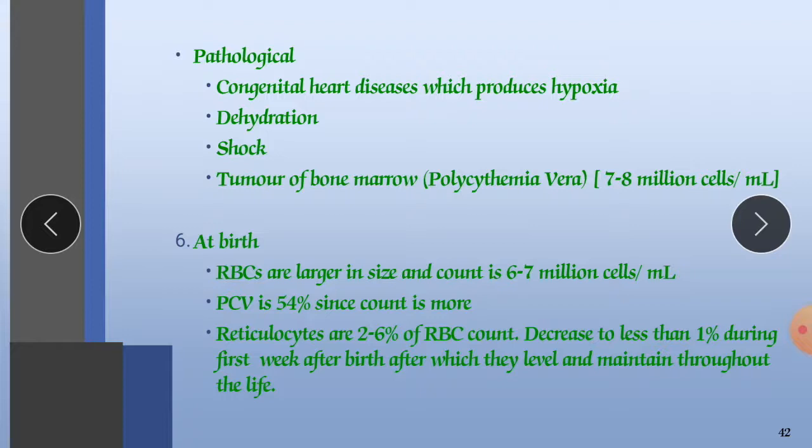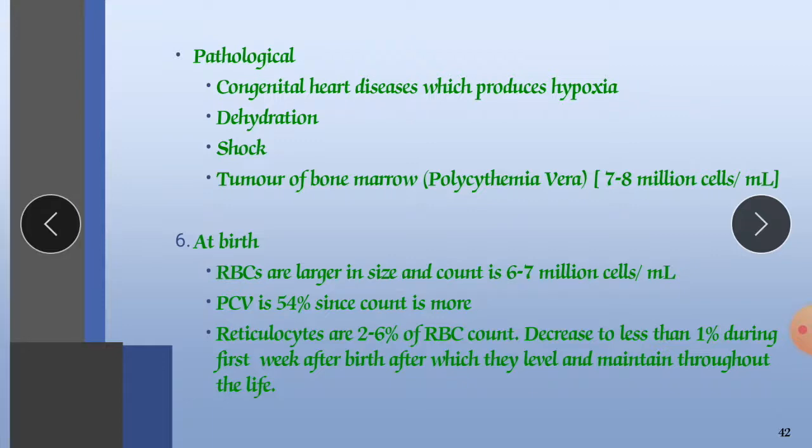Pathological causes, such as congenital heart disease which produces hypoxia, are also responsible for this condition. Dehydration is also one of the conditions due to which polycythemia will develop. And shock, and lastly tumor of bone marrow, that also increases the number of RBC.